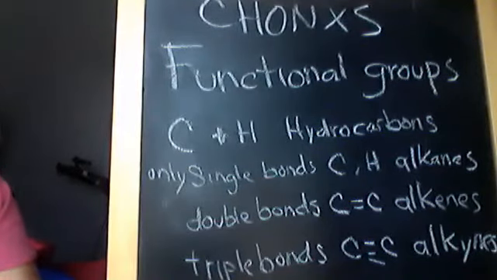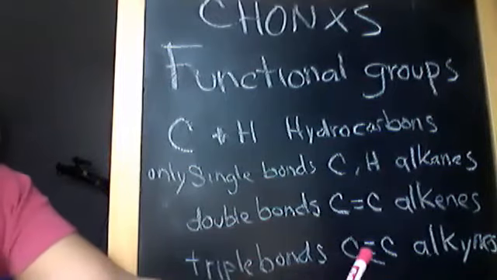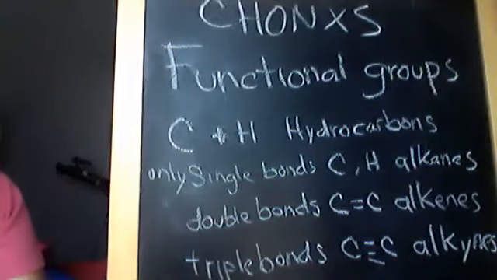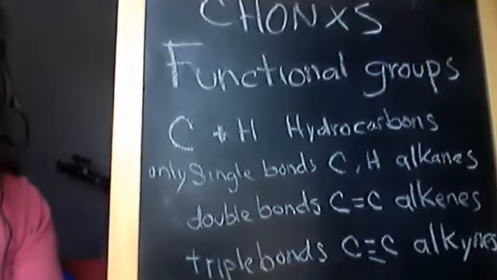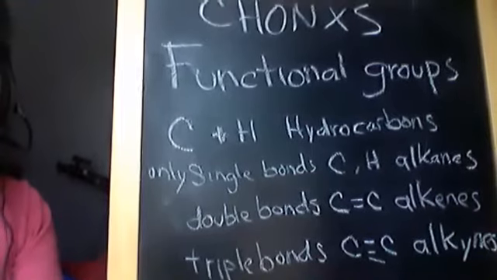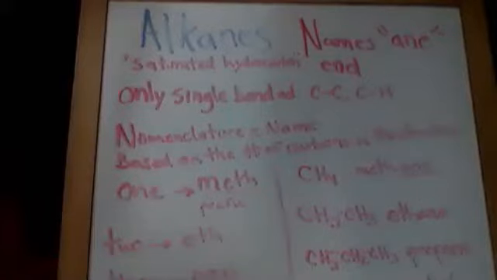And when you find triple bonds between carbon atoms, the family group is going to be alkynes. So it's very important for you to learn how to identify these groups, okay? Functional groups or families are studied because they keep similar physical and chemical characteristics.